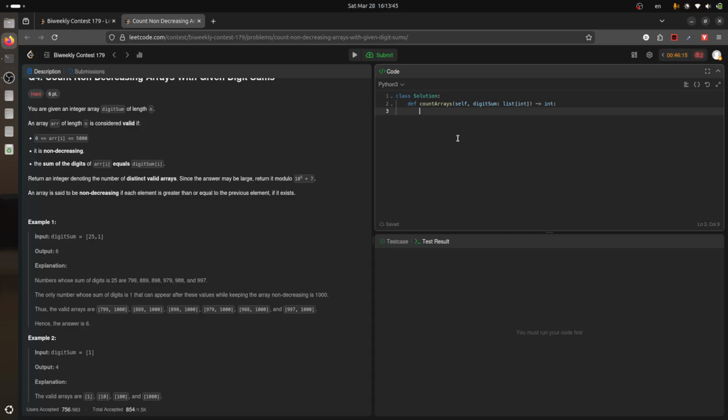So dp[i][j] is the number of arrays of length i with last element being j.